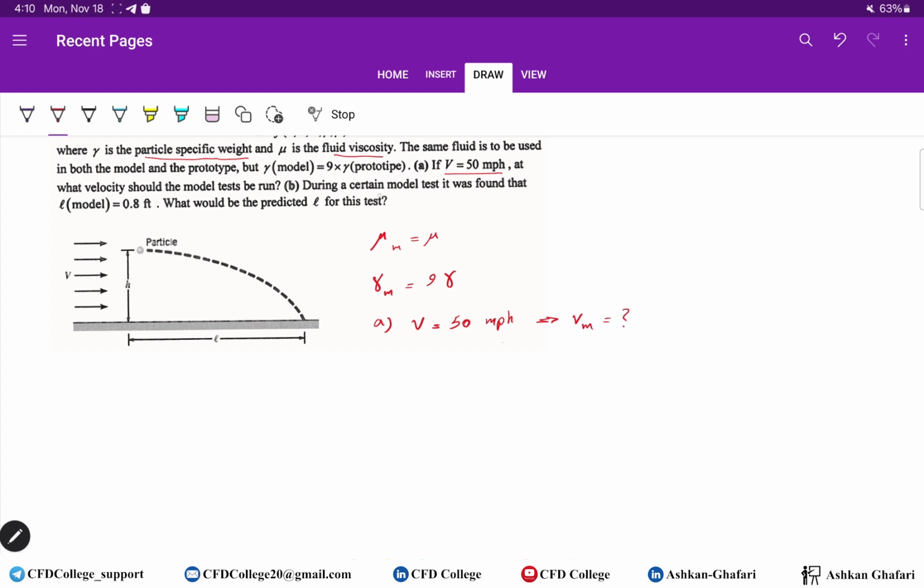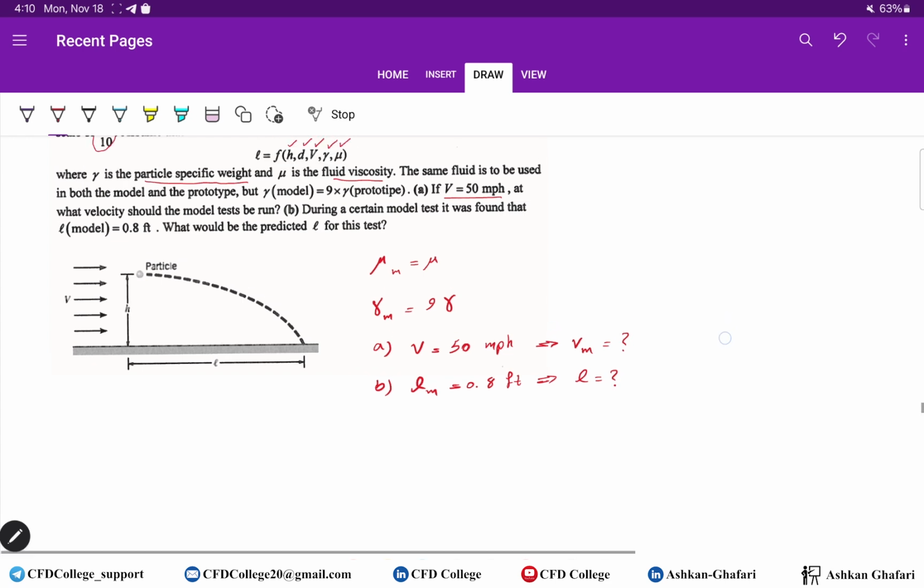During a certain model test, it was found that L for the model is 0.8 feet, so Lm equals 0.8 feet. What should be the predicted L for this test? We should find L.